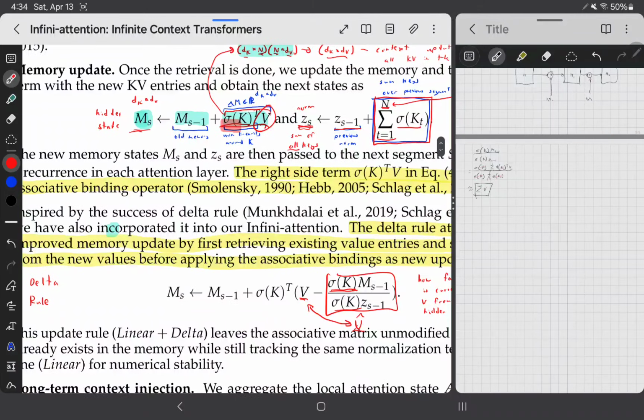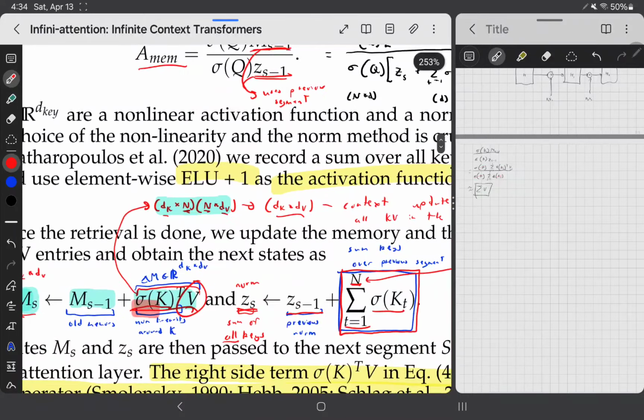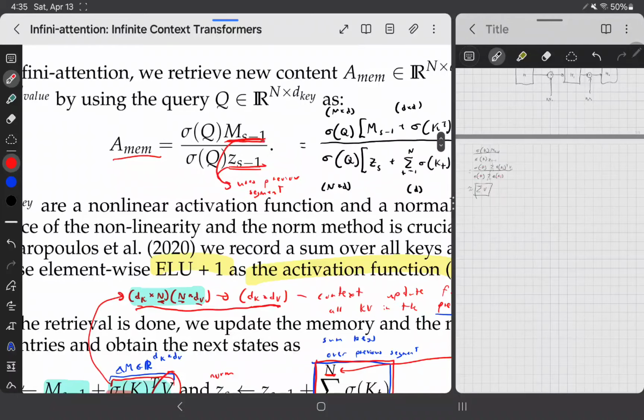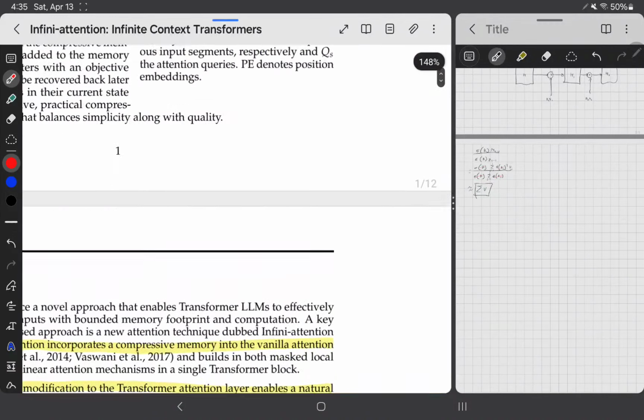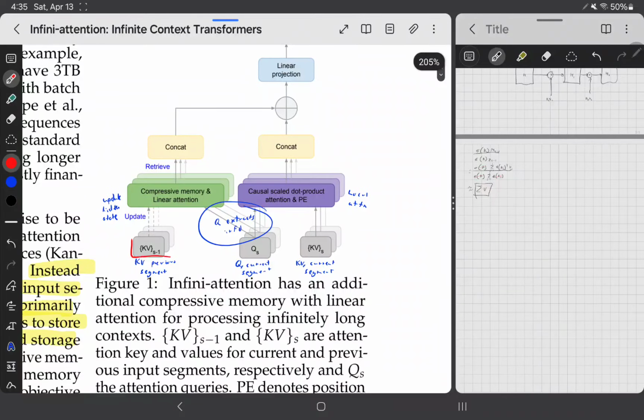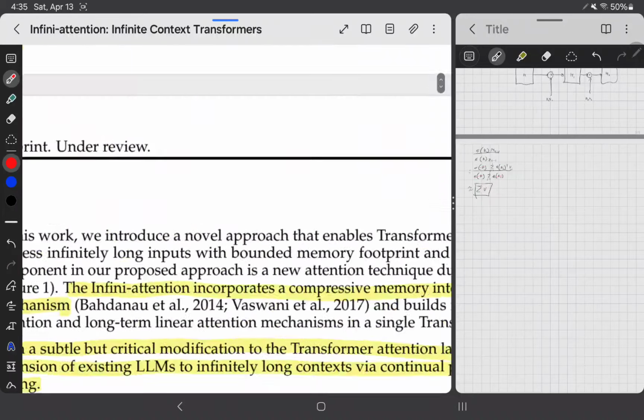Now, one thing I've initially thought of is, is this causal because you're doing this outer product here? And the answer to that is yes, because you update using the previous hidden state. I think that's made evident up here. So this hidden state captures all the keys and values from the segment before.